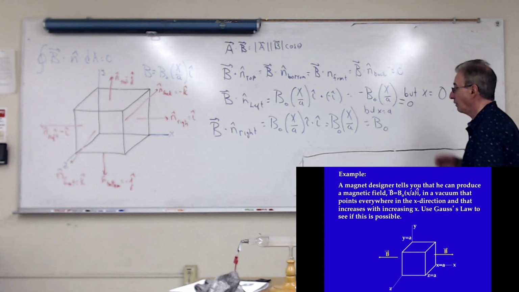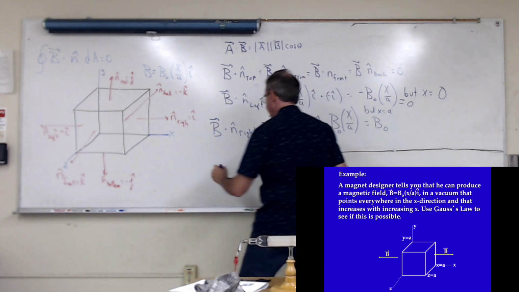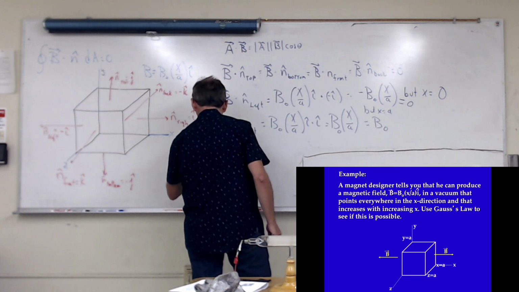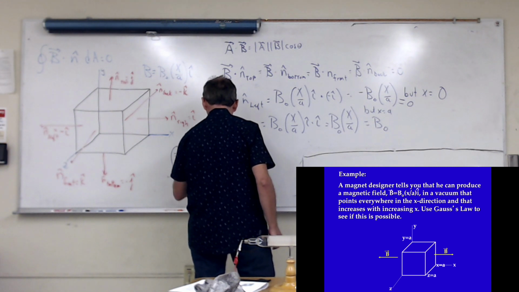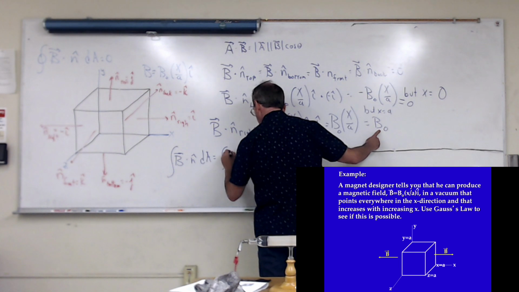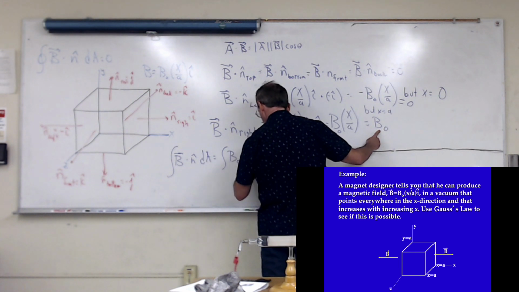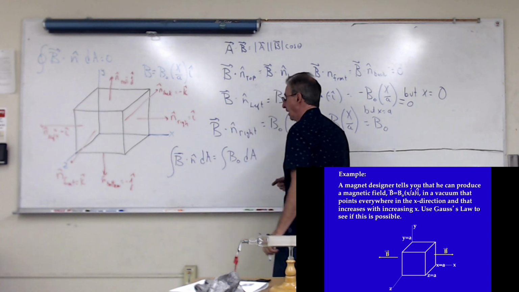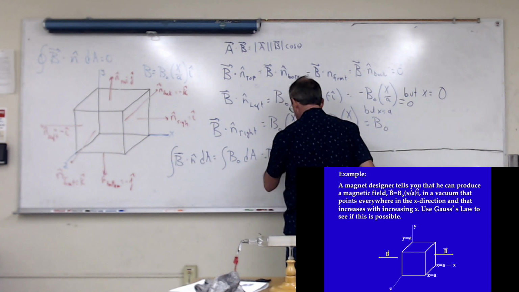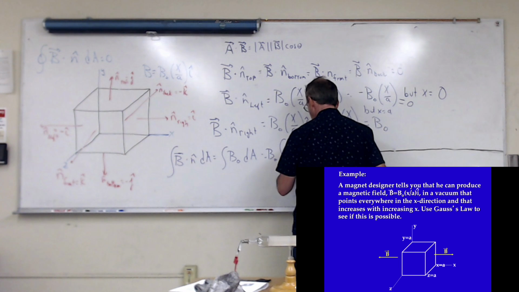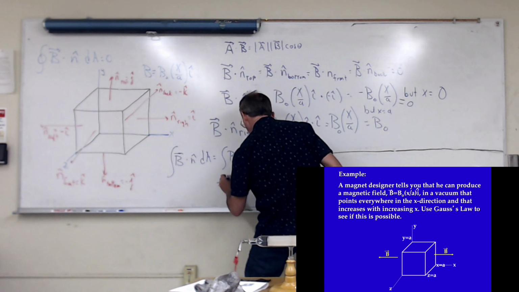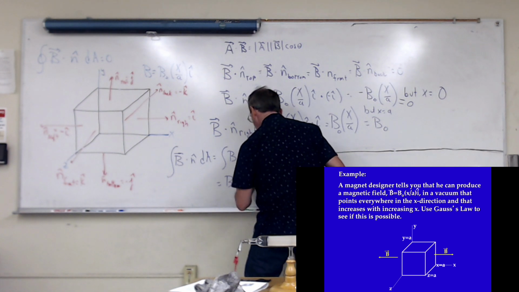Now I want to take the integral. The only term in the dot product is this. And I can take this out of the integral because B naught is constant. So this is the area of this surface, and that's going to give me B naught times A squared.